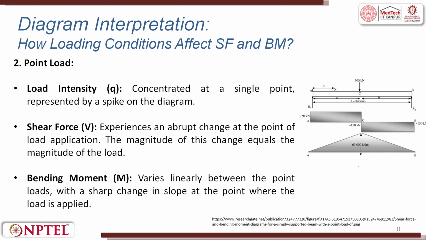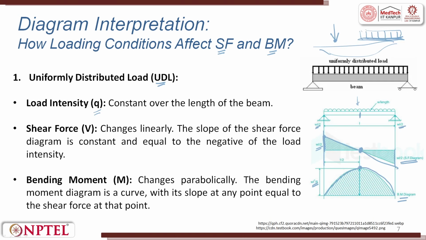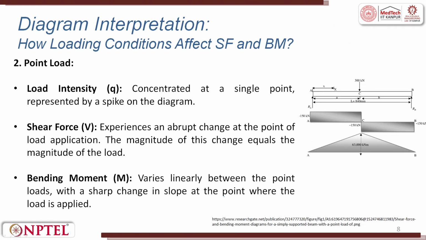The next one is the point load. First we saw UDL, the uniformly distributed load. The next one we see is a point load. Point load means the load is concentrated at a given point, a single point representing a spike on the diagram.